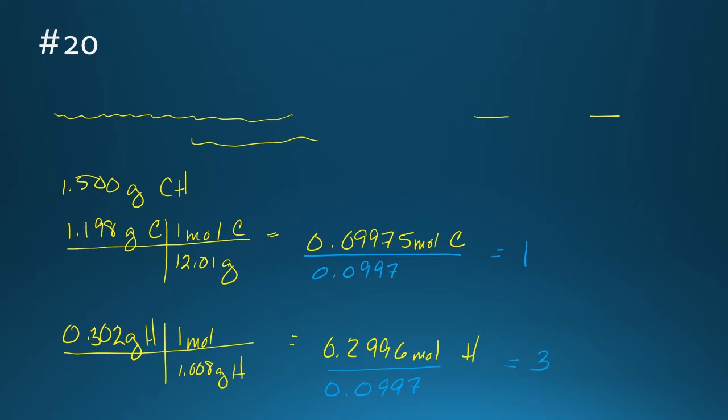So these become our subscripts. So the final answer becomes C, and there's the 1, I'm not going to write the 1, H, and then 3. There's our empirical formula.